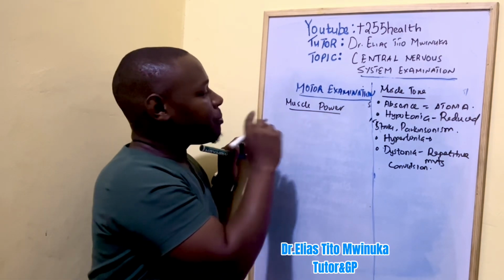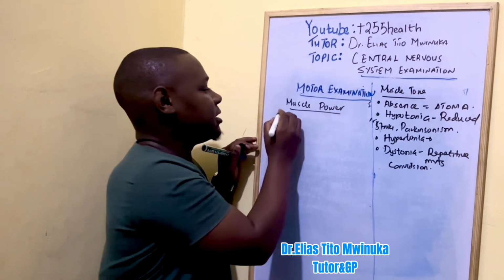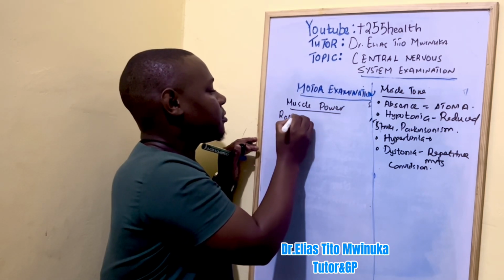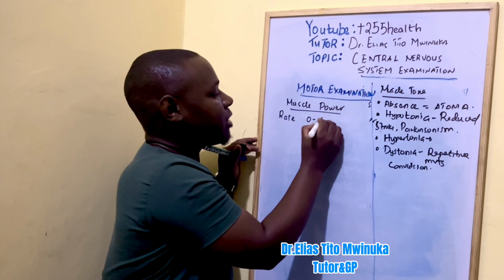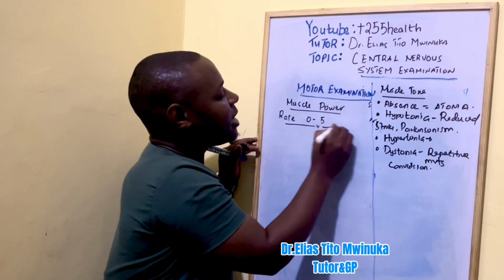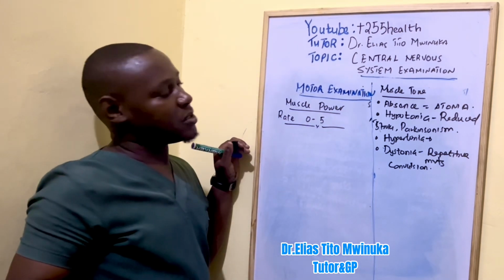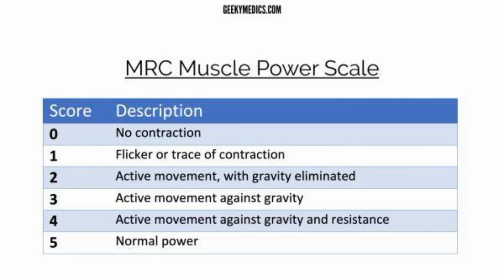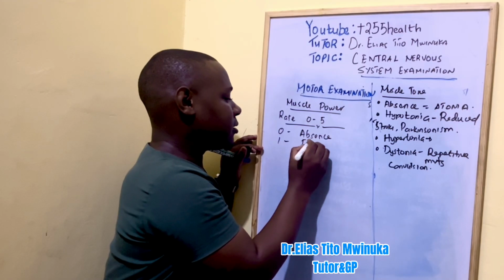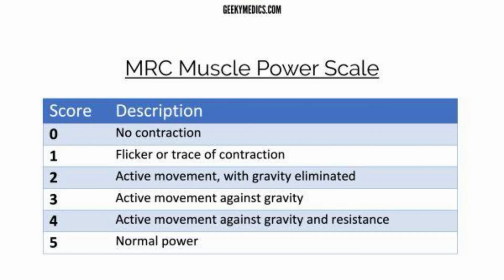So in the muscle power, you're going to rate it from 0 to 5. This is going to tell you exactly how the muscle power is. In the muscle power scale, you can score 0 when there's no contraction at all. You can score 1 if there's only flicker or trace movement of contraction.